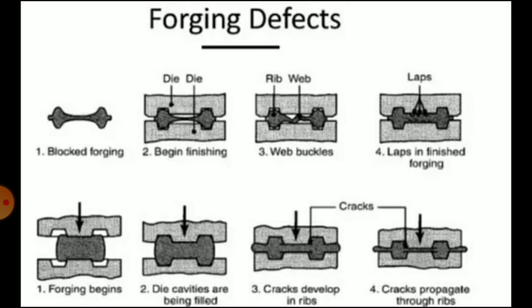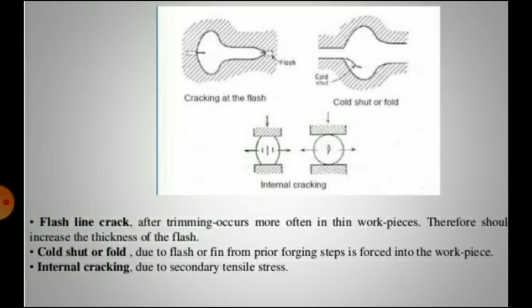Also, internal cracks in forgings can result from too drastic a change in shape of the raw stock at too fast a rate. Then there are flash line cracks. You can see cracking at the flash in the first diagram, and at the bottom there is internal cracking.